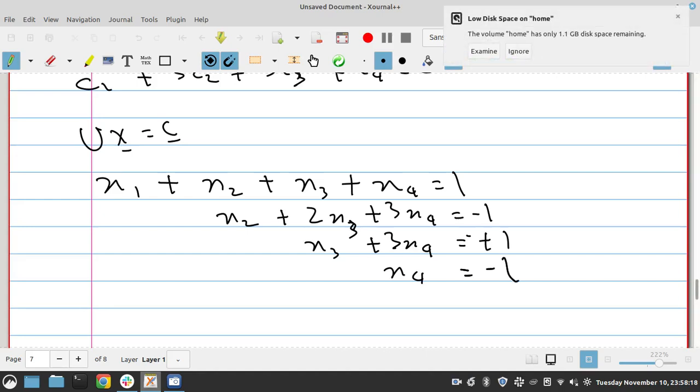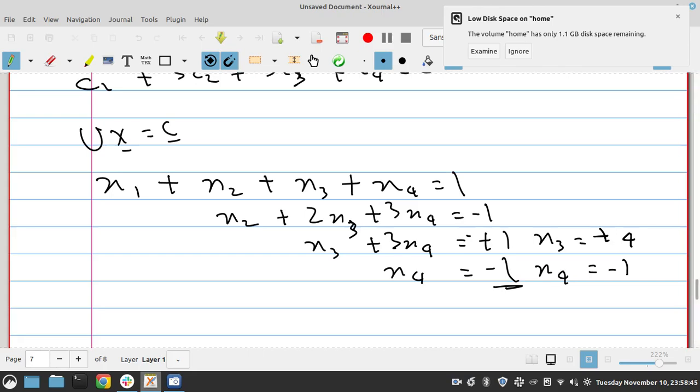If you start with the bottom equation, you get x4 equals -1, and then you go up and substitute x4 here, you get x3 equals 4.